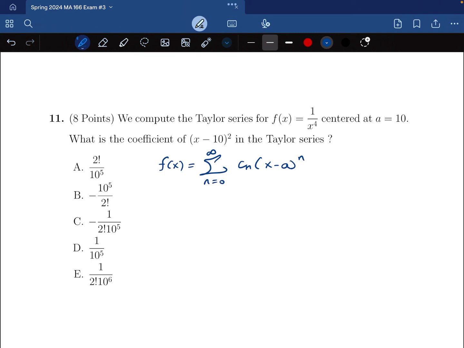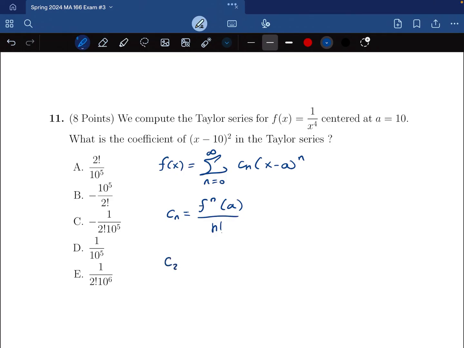The important thing we need to calculate in this case is the coefficient of the x minus 10 squared term. The formula for the nth constant coefficient is f^(n), the nth derivative at a, divided by n factorial. So that's the formula for the coefficients. In this case, we want to find the second coefficient, the coefficient of the x minus 10 squared term.